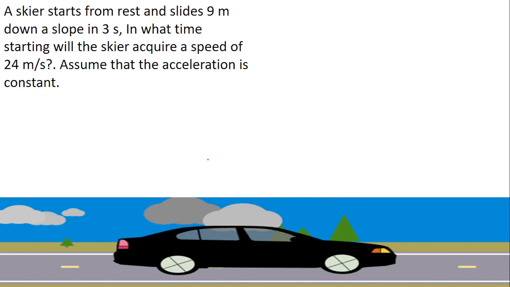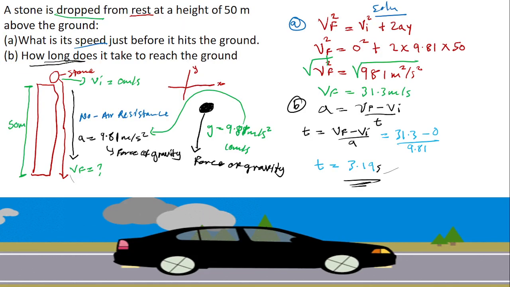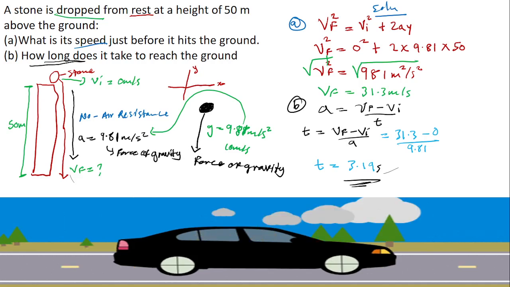Now, there is a difference between now and where you are coming from. Where you're coming from is where you have to memorize something and put it down the way it is. Right now, it's about thinking, analyzing, and knowing what you are supposed to apply. Which formula can I use?